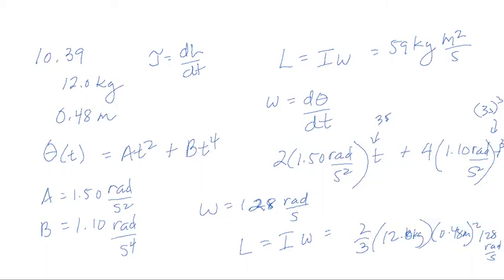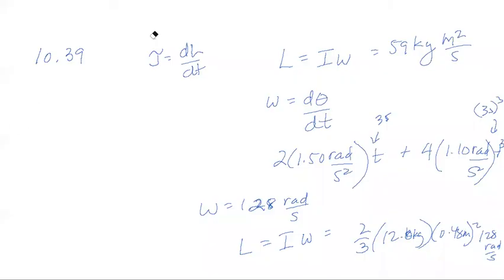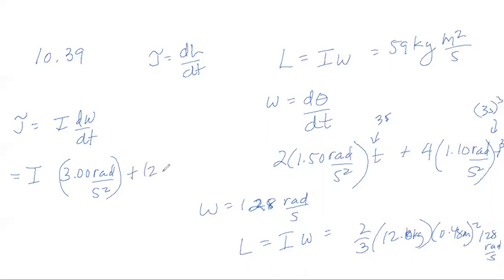So let me clear some board space. Torque is going to be equal to I d omega dt, which is going to be equal to I times 3.00 radians per second squared, times 4 times 3, 12, plus 12 times 1.1, so that's 12.12.